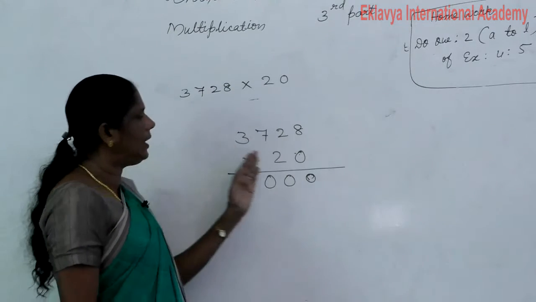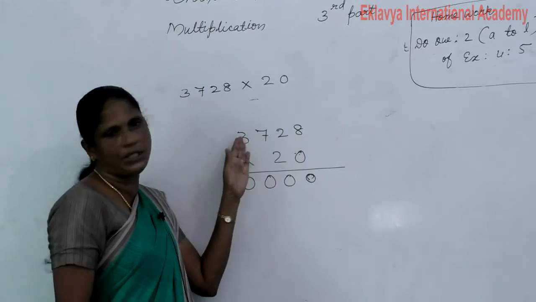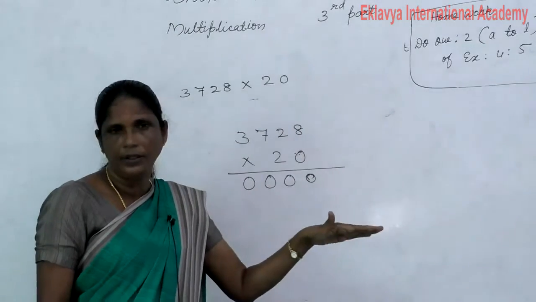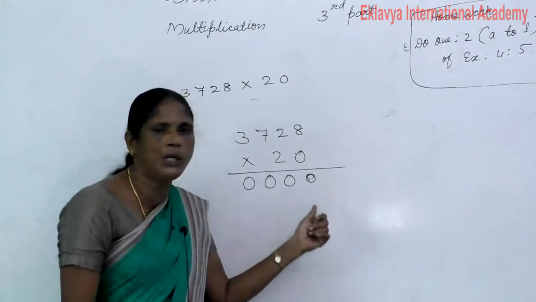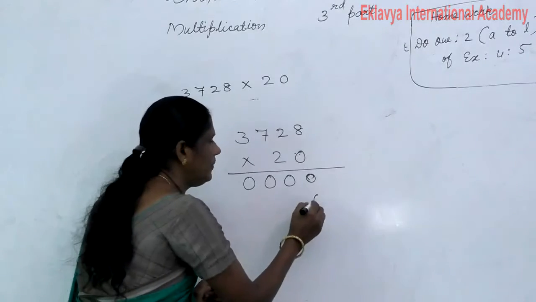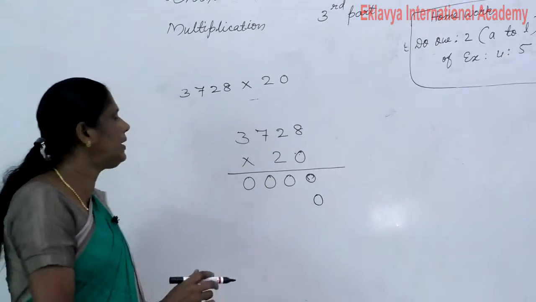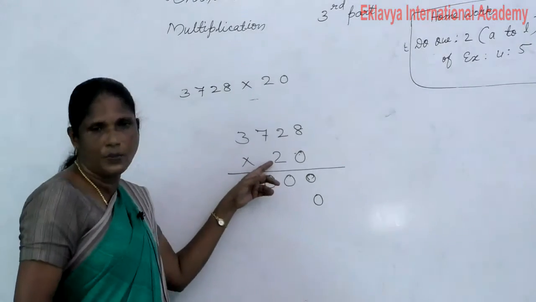Then the ones place multiplication is complete. Then what do you put, as we discussed in the previous class? What do you put in ones place? 0 put. Then we start in tens place.